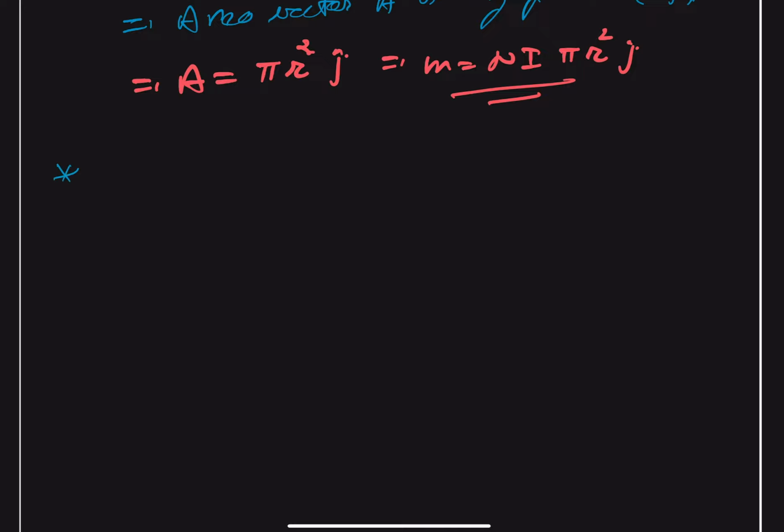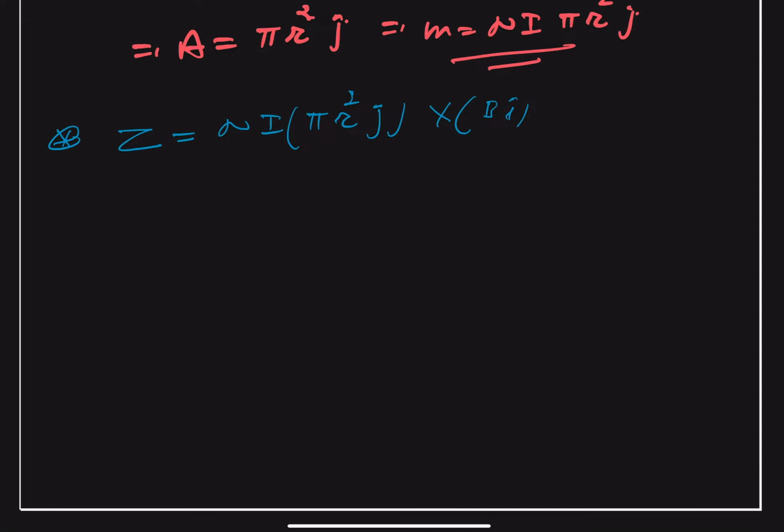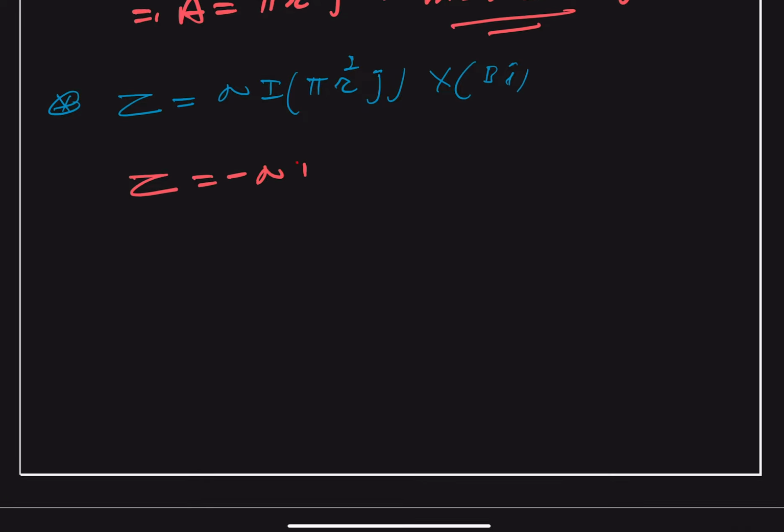So we can write that our torque tau is N I, we have this as pi r square j unit vector, and this we have cross B i, and j cross i is minus k. So this gives us torque is equal to minus N I pi r square B, and we have k unit vector.